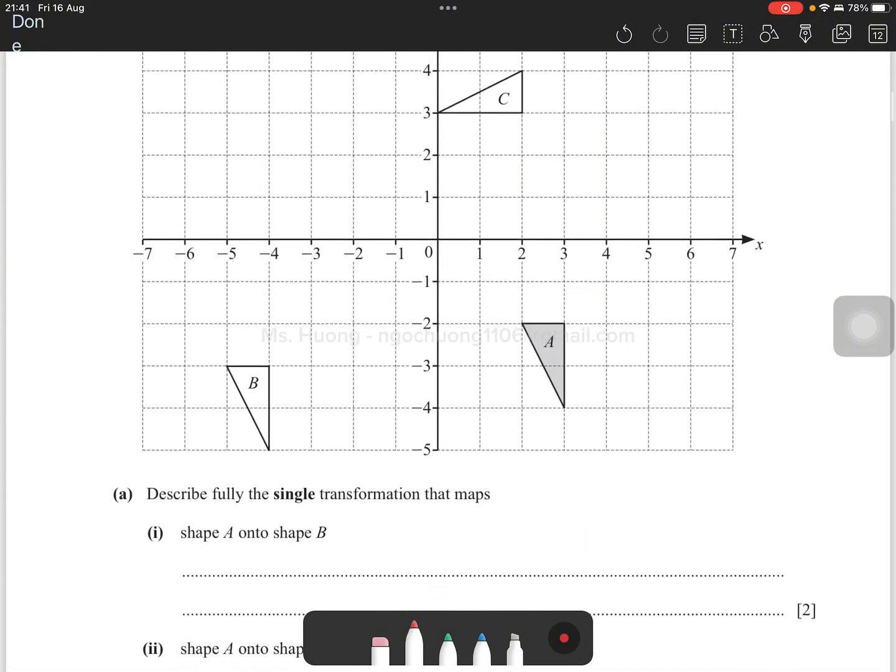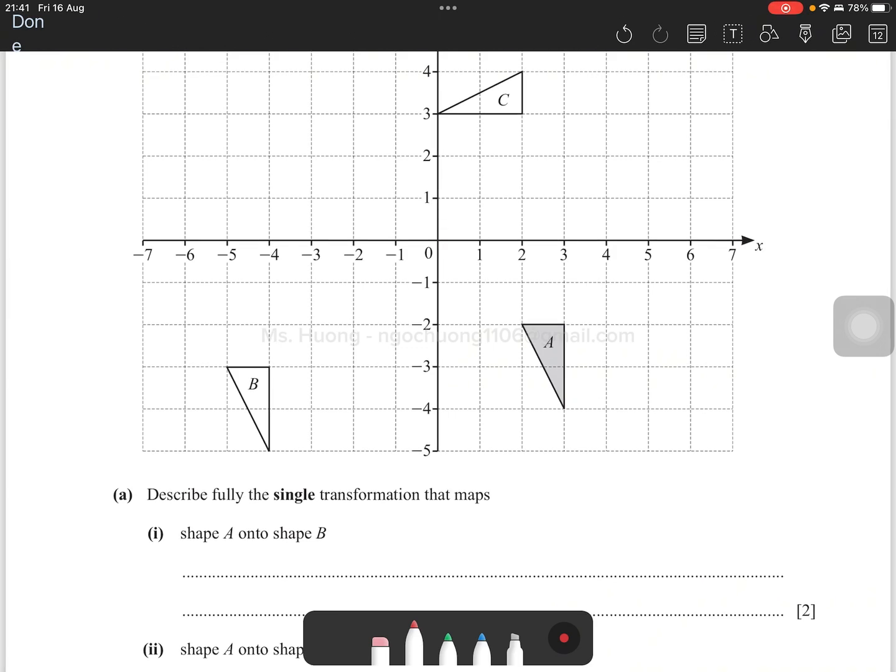Question 1. A. Describe fully the single transformation that maps shape A onto shape B. So we will take two corresponding points on shape A and shape B. For example, I choose these two red points. And I see that I need to move 1, 2, 3, 4, 5, 6, 7 units to the left, which means -7 for x.